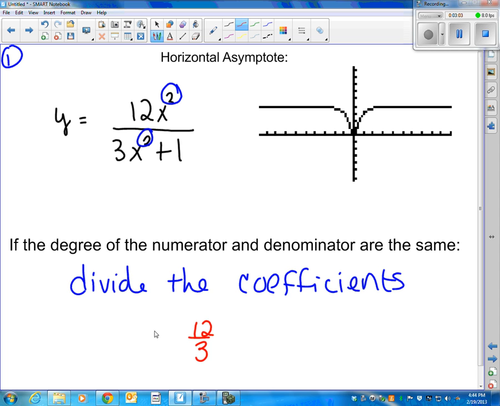This is a horizontal asymptote, so it's where the graph doesn't cross, at y is equal to 4. And if I look up here at the graph, indeed, I can see right here at this line, the graph never actually crosses. Okay, so that's case number 1, when the degree of the numerator and the denominator are the same.